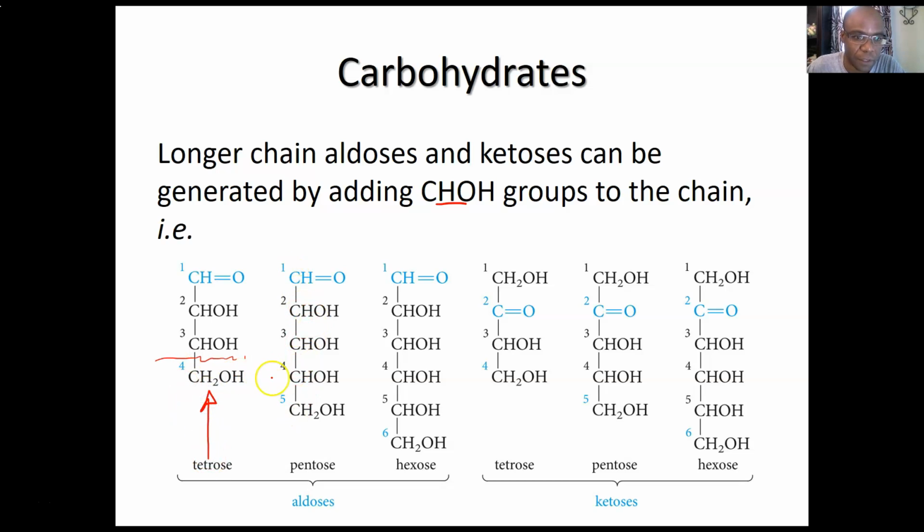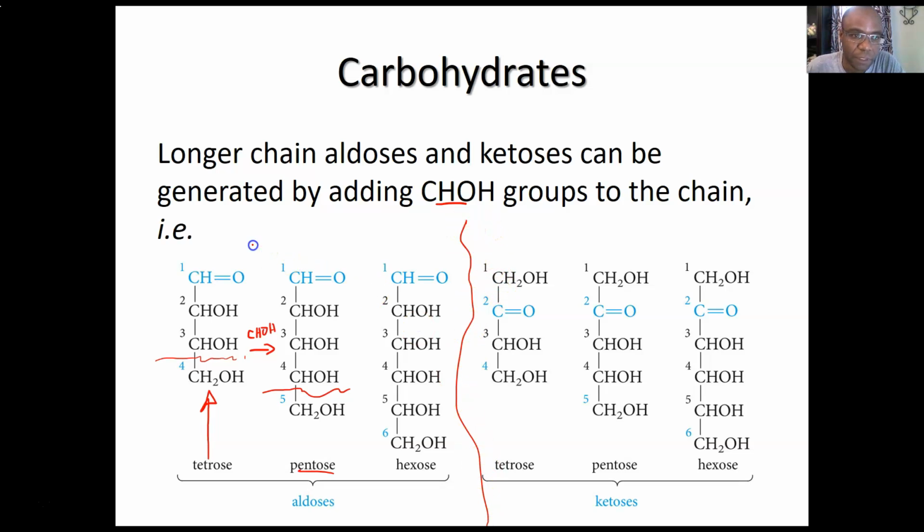If you add one more CHOH, which is this part, you get a pentose. And this is how I'll be asking you to classify these structures as ketoses, hexoses, and so forth. Treat them as tetrose, pentose, hexose, or aldoses or ketoses. Classification is a major testing point for this chapter, and not memorizing how to draw.